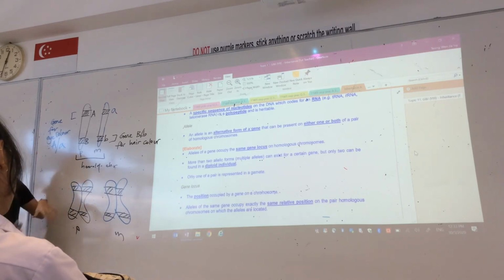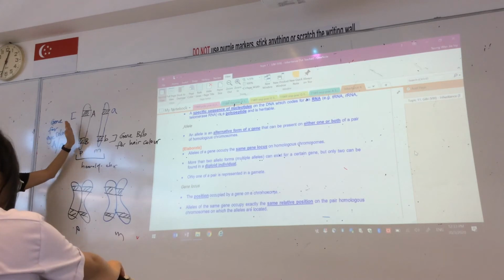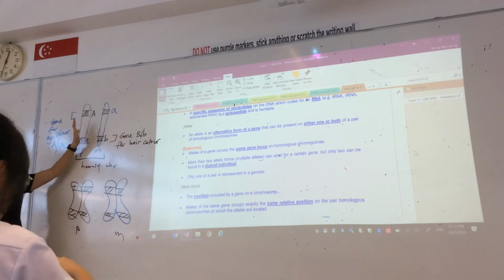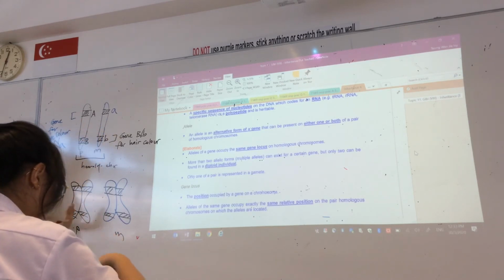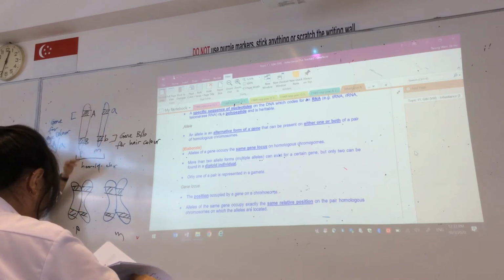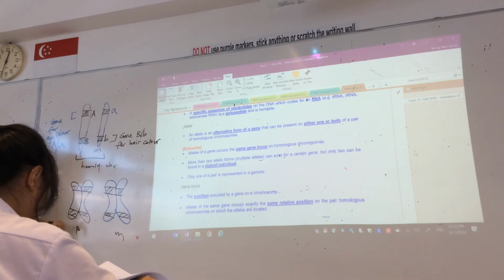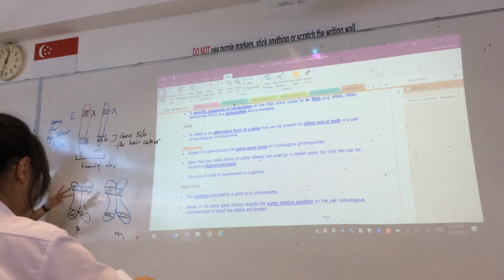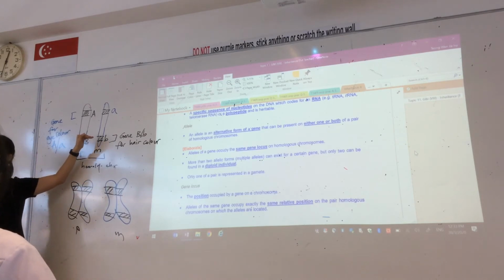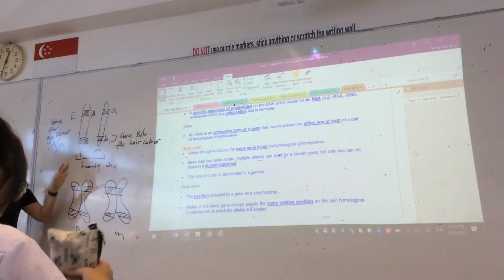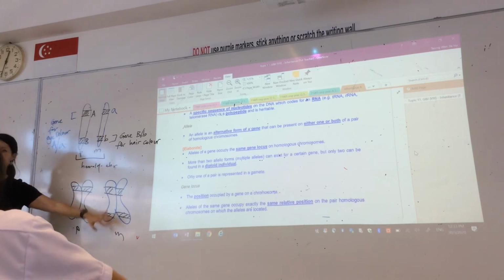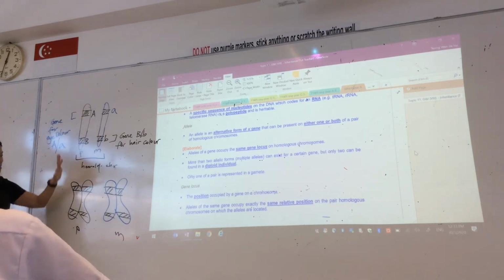Okay, moving on. Now I have a homologous chromosome pair here and also here. They are the same. What is the difference in my drawing? They represent the same pair of homologous chromosomes, but sometimes when you look at questions, it can be drawn like this or like this. What is the difference, on top versus at the bottom?